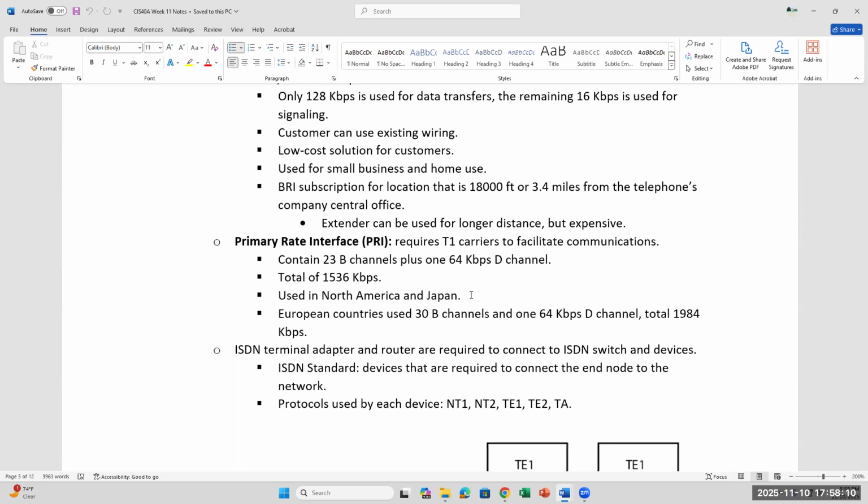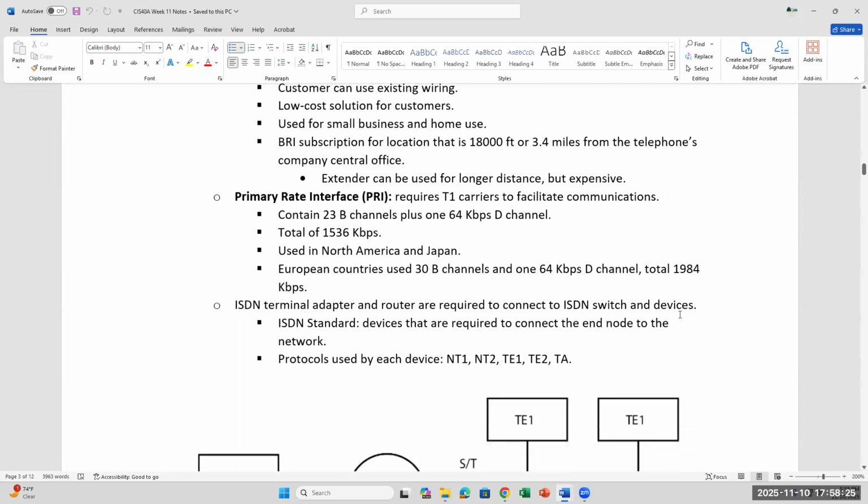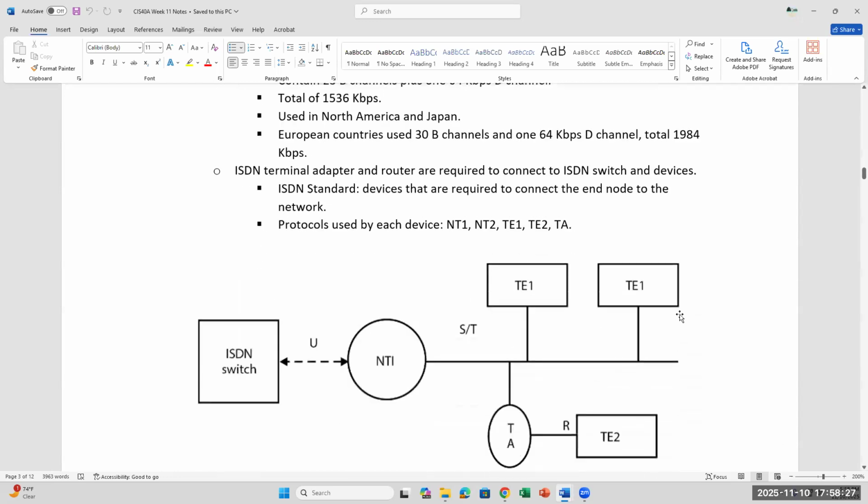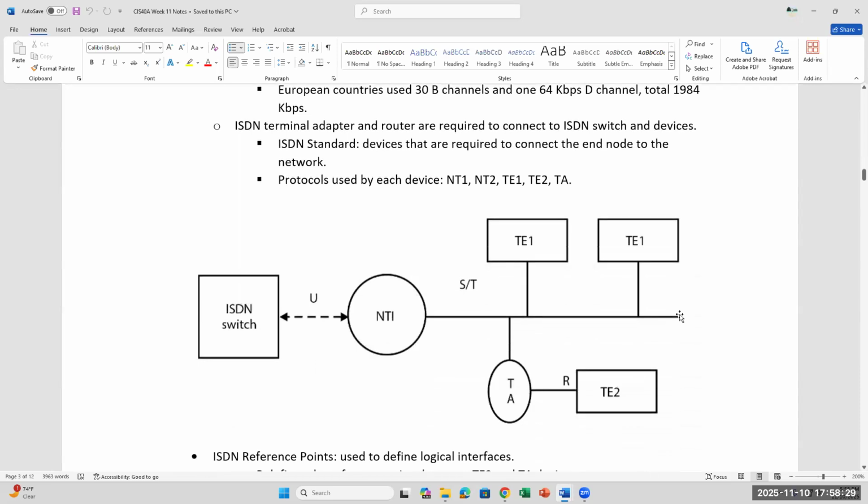On page 3, that gives us 1.5 megabit per second, whereas in Europe it will be about 1.98 megabit per second because they were allowed more channels. And in the image, it shows you the standards and also the protocols that were used for ISDN and how this is integrated.